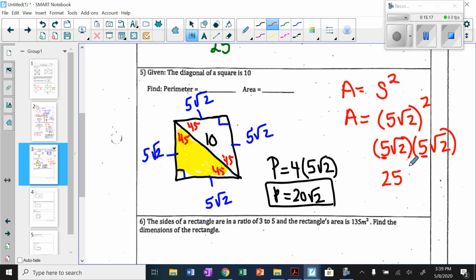Root 2 times root 2 is whole number 2, if you remember that. 25 times 2 is 4. Oh, not 4. 25 times 2 is 50. There we go. Units squared. So I put U for units because we don't know what it actually was. So 20 root 2 and 50 U squared.